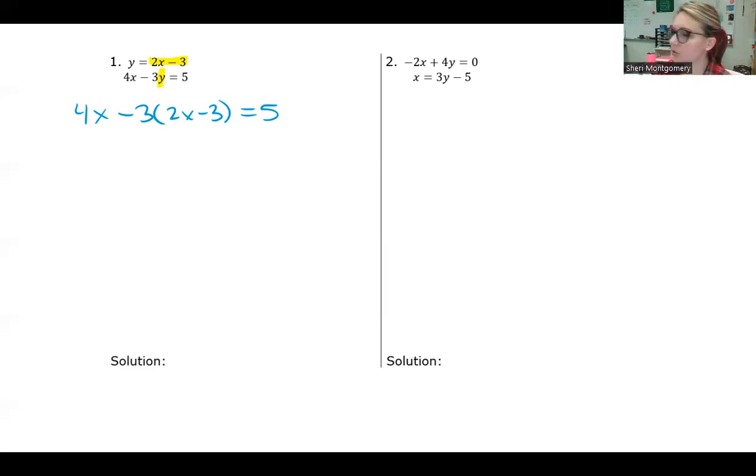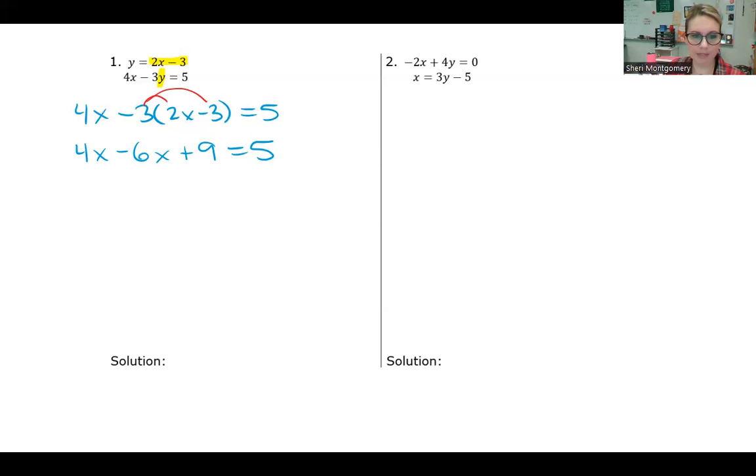So now all I'm going to do is evaluate. Now I have an equation that only has x's. So I'm going to solve for x. So this is that PEMDAS stuff. First thing that I'm going to have to do is distribute. Negative times a positive, that will be negative 6x. Negative times a negative would be positive 9.